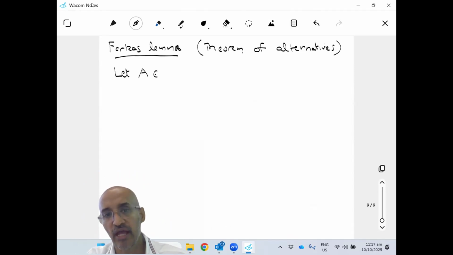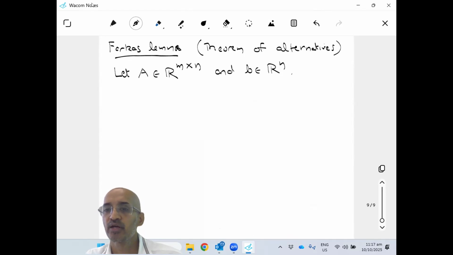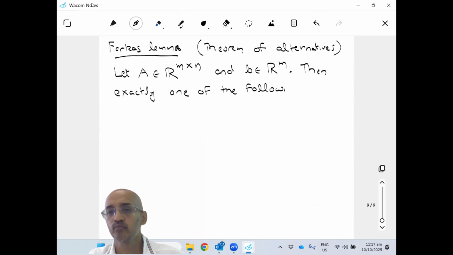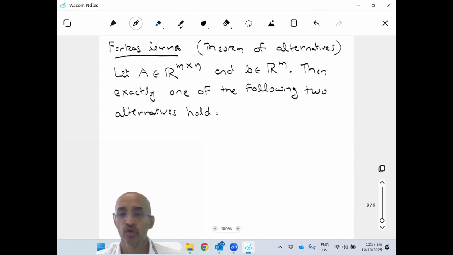Suppose I give you a matrix A of size m by n and b in R^m, then the Farkas lemma says exactly one of the following two alternatives holds.